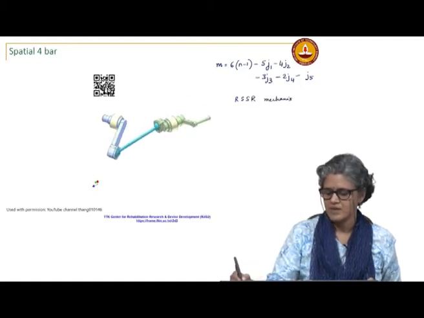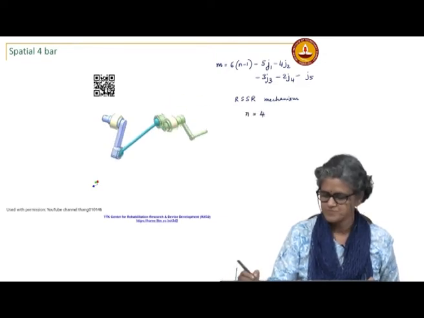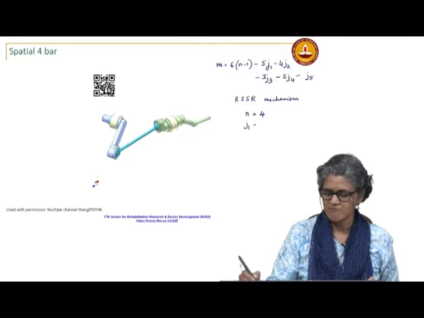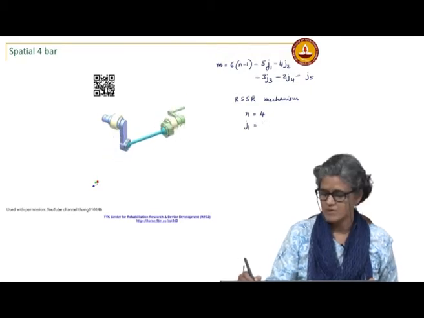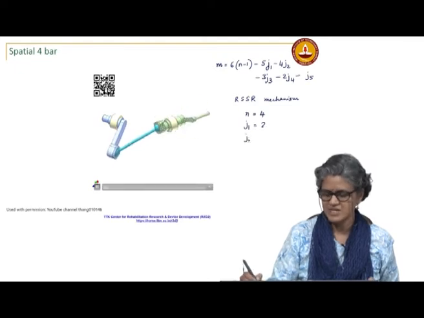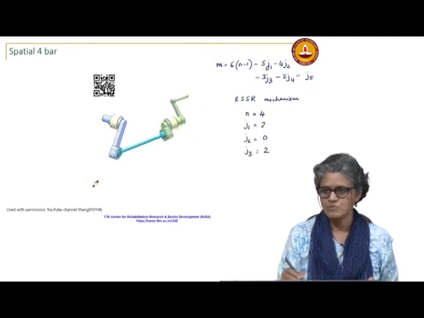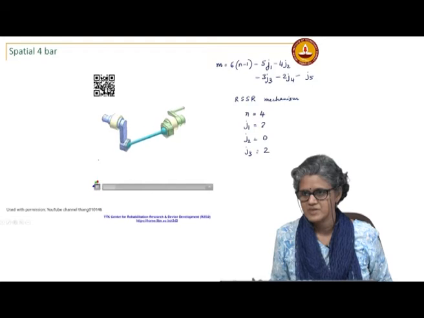Okay. So, my N is 4, how many J1s do I have? 2, the 2 revolute joints. How many? I do not have any J2, J3, 2, I have 2 ball and socket spherical joints, right.